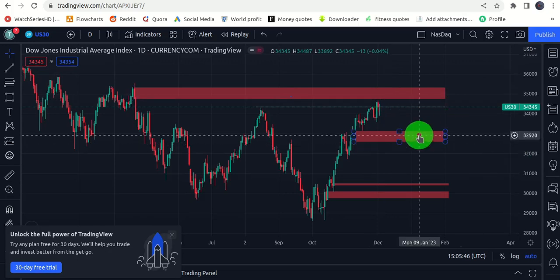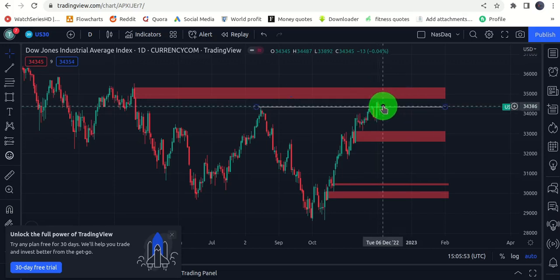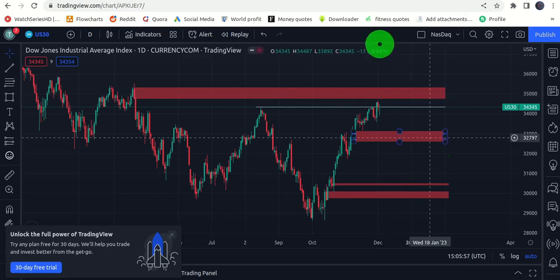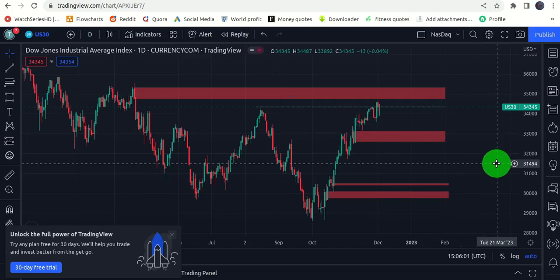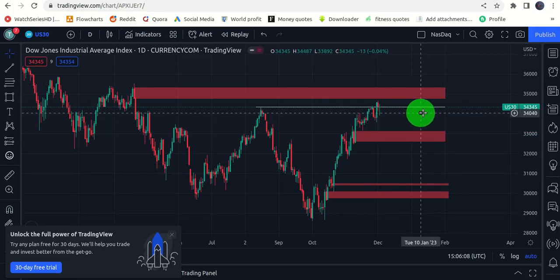So on USDT, I'm thinking of a sell as well, but we are pretty much closer to that order block. It might go up and trigger that order block before it can sell, but for USDT, I'm thinking of a sell for this coming week. So we'll just have to wait and see how it plays out. So yeah, this is the order blocks for USDT for the coming week.